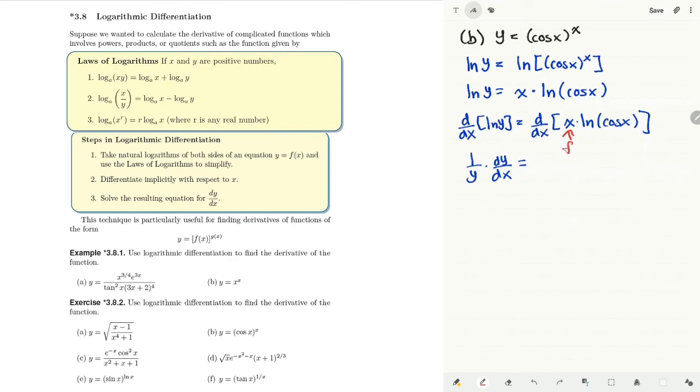So we'll let x be f and the ln of cos x be g. So f prime times g, that's 1 times the natural log of cos x, plus f times g prime. So the derivative of g, we will use the chain rule. So the derivative of the natural logarithm is 1 over the inner function, which is cos x. And then we multiply by the derivative of cos x, which is negative sine x.